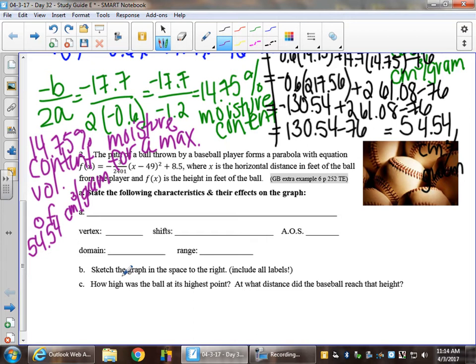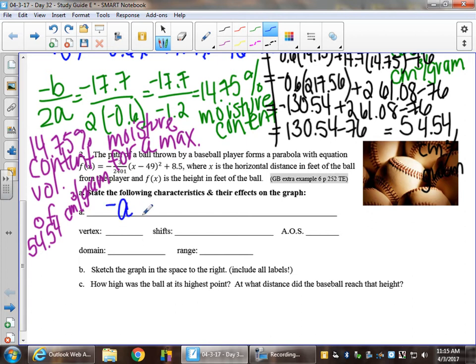Number 2. Who wants the ball first? Manuel, ready? No? DeAndre, what is my role of A? Is A negative or positive for number 2? It's negative.